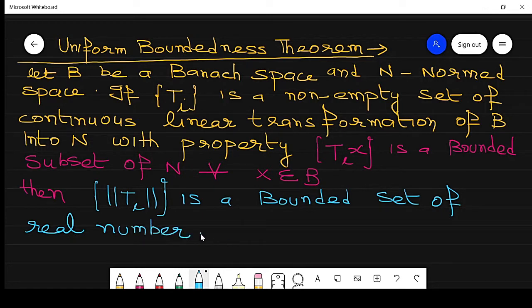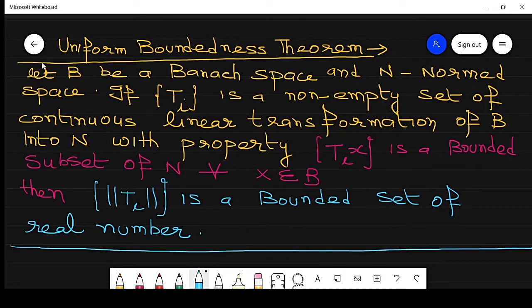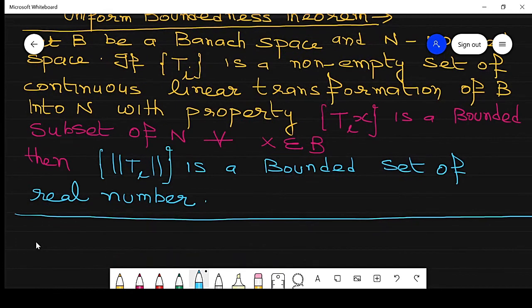So remember this statement. This is a very important result expected for examination. The uniform boundedness principle, the uniform boundedness theorem.